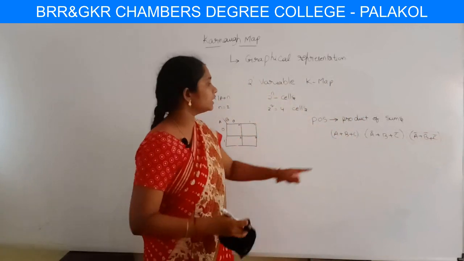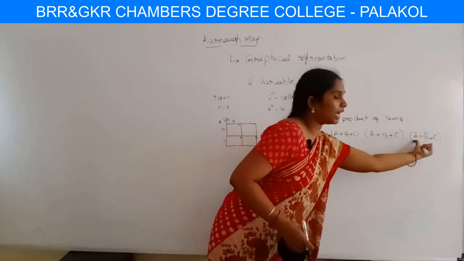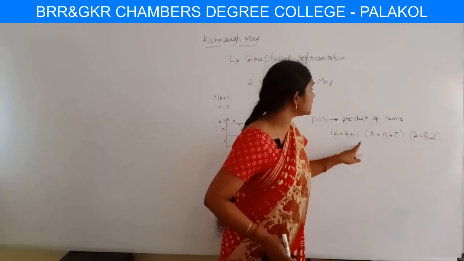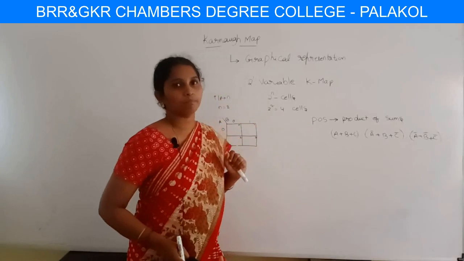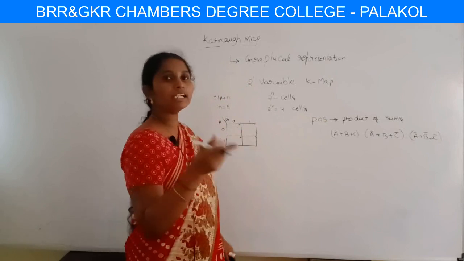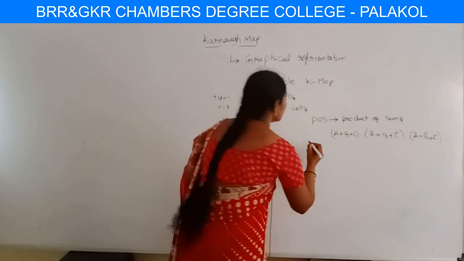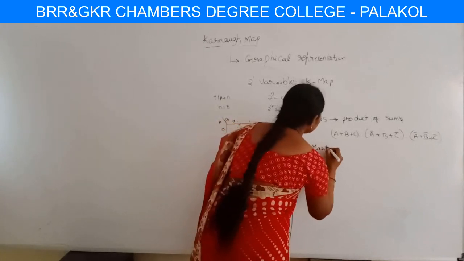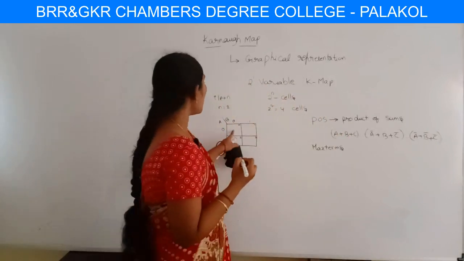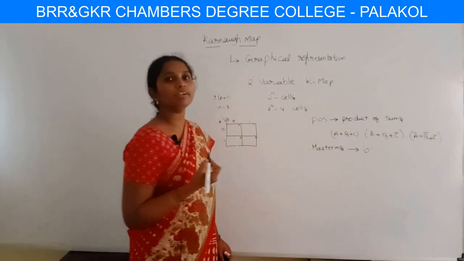Likewise, this is product of sums. Here this is a sum, this is a sum, and this is a sum, and in the middle there is a product. That's why this is a product of sums. In POS form the cells are filled with zeros. The POS is also called max terms.